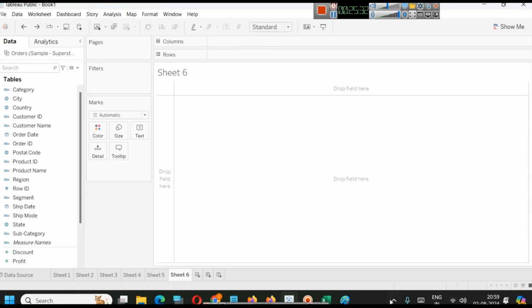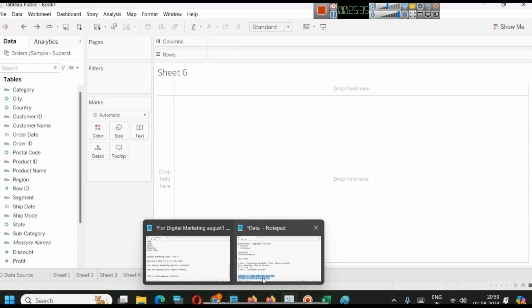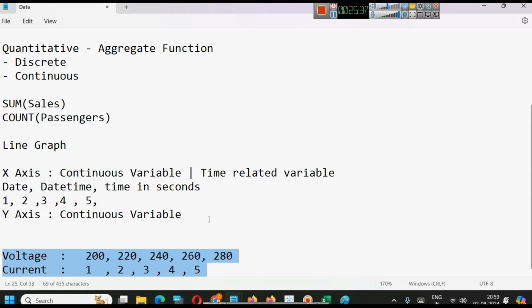When any time related variable is on the x-axis, and we have a continuous numerical variable on the y-axis, in such cases we can create a line graph.